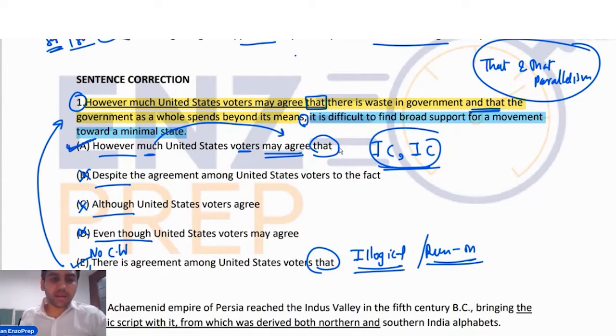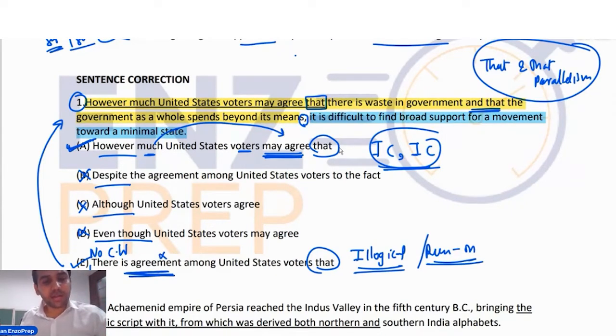And also there's a change in meaning as well. The original question talks about may agree, and this says there is agreement. That also shows that it is extreme. The author never intended to say that there is absolute agreement. He said no matter how much you agree, it is difficult to find broad support. So you can see there's a change in meaning between A and E as well.